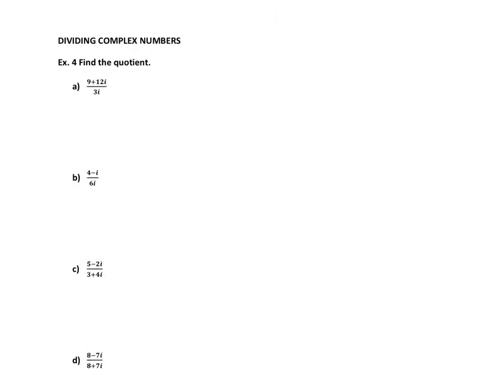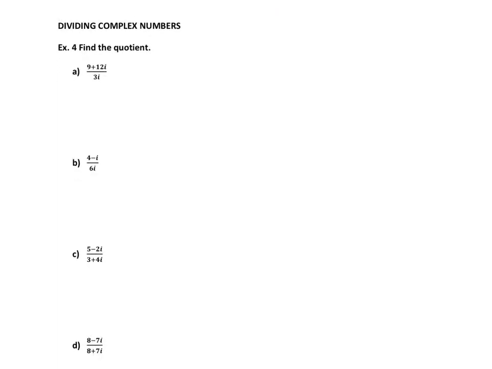Now we're going to talk about dividing complex numbers. This is kind of a different ballgame because if you remember, we don't like to have irrational things in the bottom.